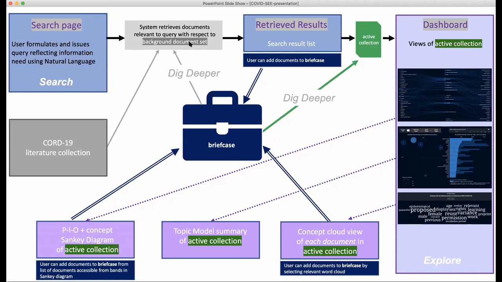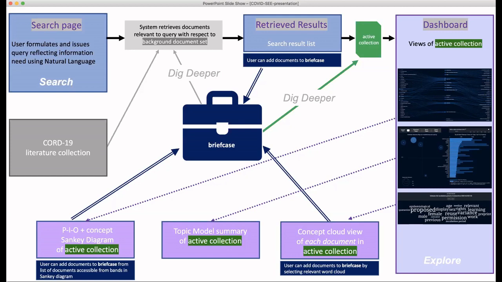And so we have various mechanisms for, instead of searching over the entire collection, limiting your search to articles that you've collected along the way. We think of it as a briefcase. In fact, we use that icon in the tool to store the articles that you're interested in keeping track of and exploring further.